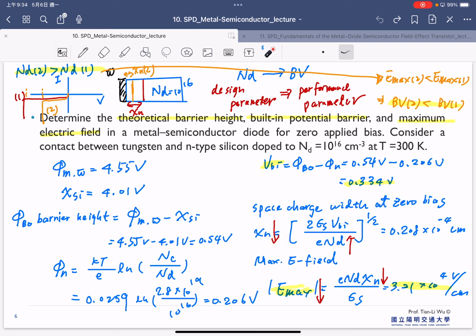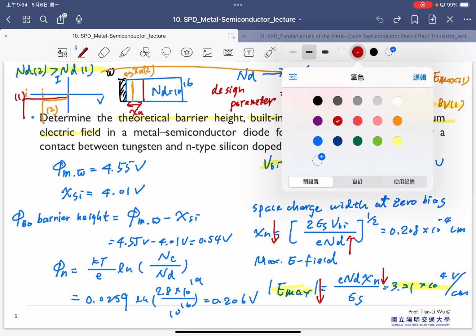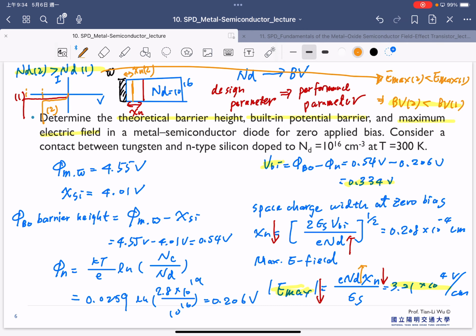But this will also increase as well. So the concentration will also be increased, and therefore the E max here in the end should be increased. However, why will our breakdown voltage usually be lower?